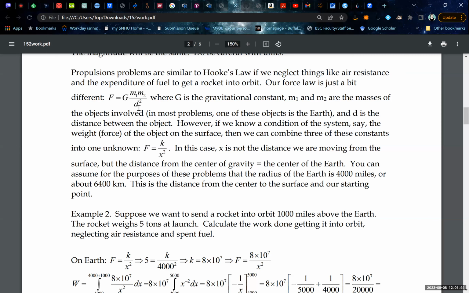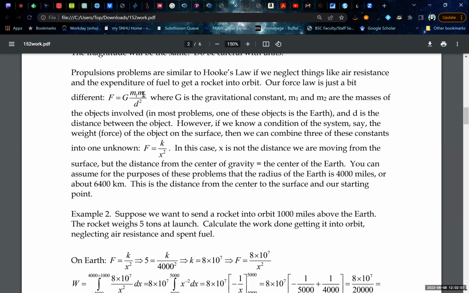Now, the only thing that we worry about so much in the calculus course is that we're going to assume that all of these masses and constants are remaining constant. So the gravitational constant is a constant. The mass of the Earth is certainly more or less substantially constant. The only thing that could potentially be changing is the mass of the rocket.